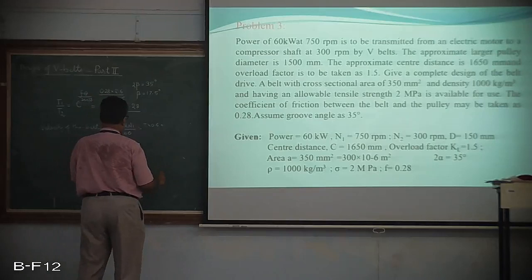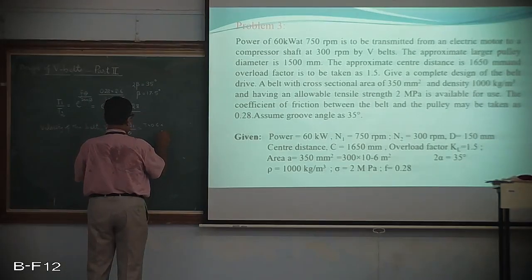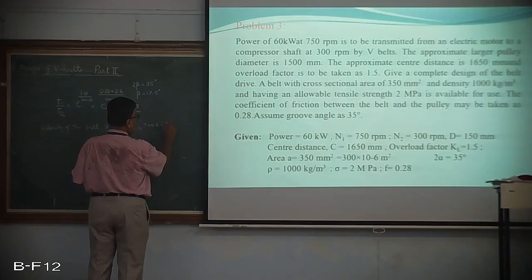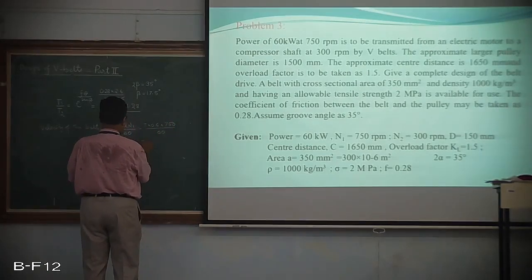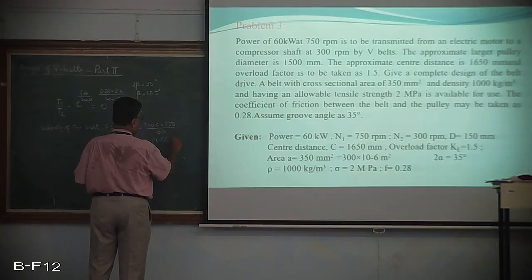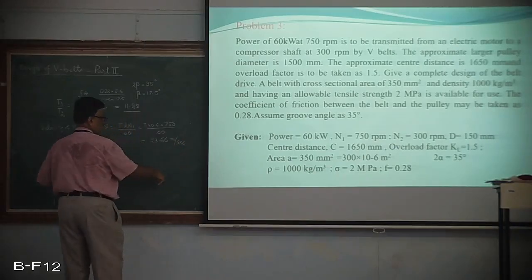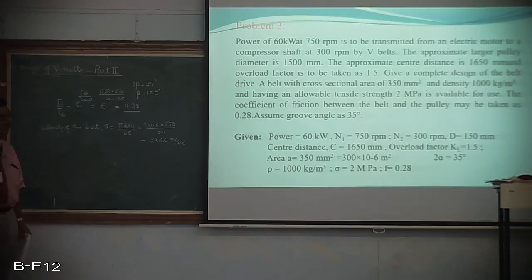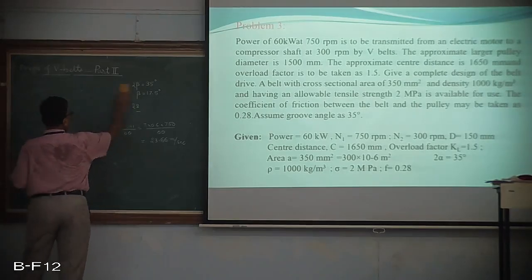The RPM is 750, divided by 60, which will give me velocity as 23.66 meter per second. This is the belt speed. First we are finding the velocity of the belt.